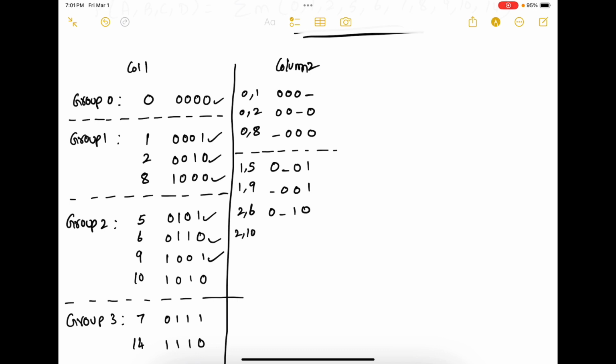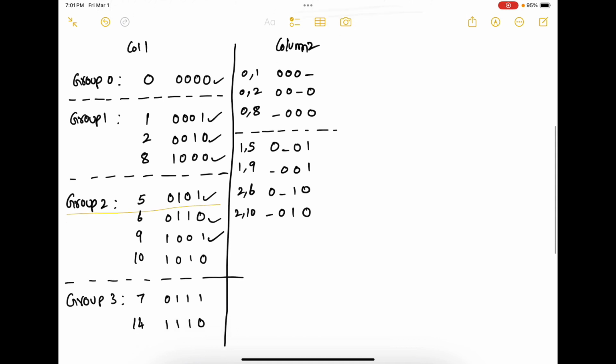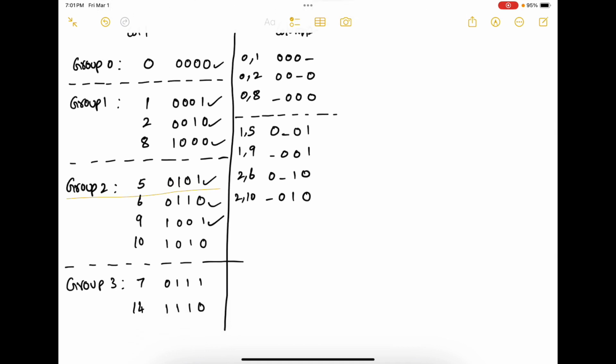There is only a 1-bit change, dash, 0, 1, 0. Now we go for 8. We cannot combine 8 and 5 because 2 bits are changing. 8 and 6 is also not possible. 8 and 9 is possible. We have 1, 0, 0, dash. Finally, 8 and 10 is also possible. So we have 1, 0, dash, 0.